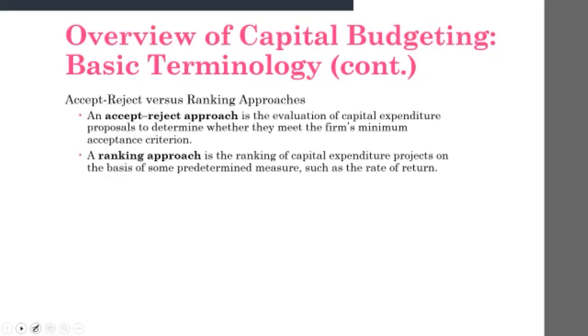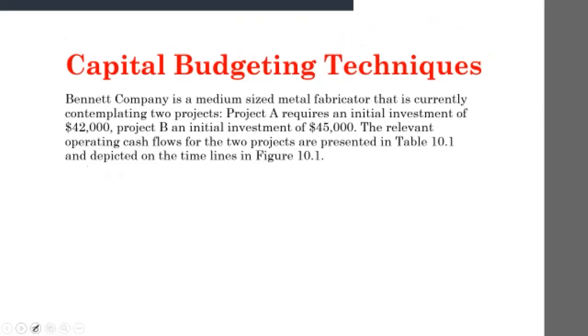Now, with capital budgeting techniques, here we have an example. Bennett Company is a medium-sized metal fabricator that is currently contemplating two projects. Here's Project A. Project A requires an initial investment outlay of $42,000 and Project B $45,000.